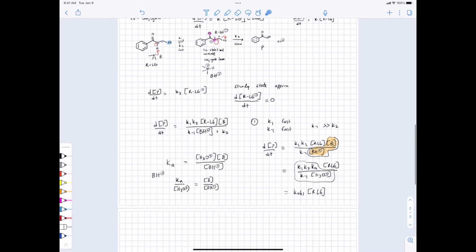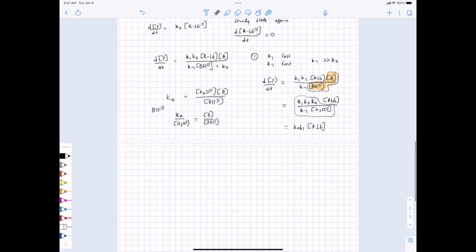All right, and there's another case we could consider. Let's imagine case number 2 would be that K2 is fast, and so K1 is the rate determining step.